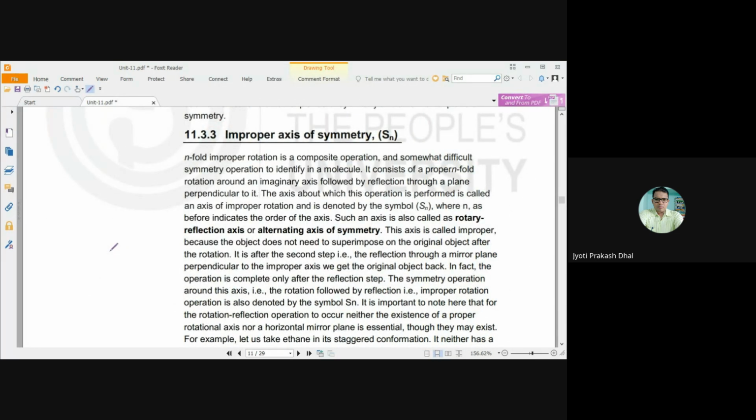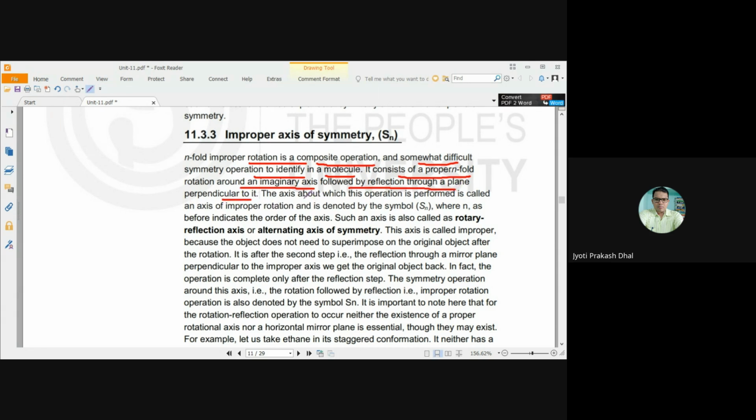Now coming to the improper axis of symmetry, that is called Sn. The n-fold improper rotation is a composite operation, and it is somewhat difficult to identify in a molecule. It consists of a proper n-fold rotation about an imaginary axis followed by reflection through a plane perpendicular to it.